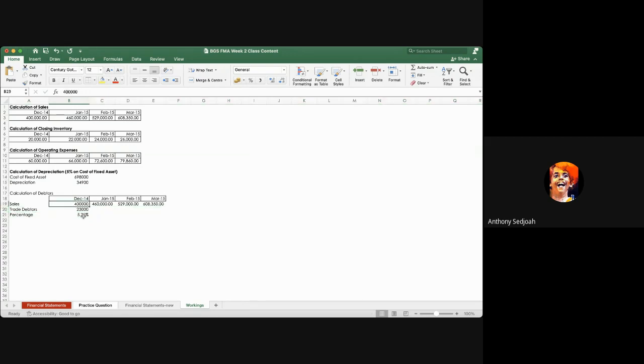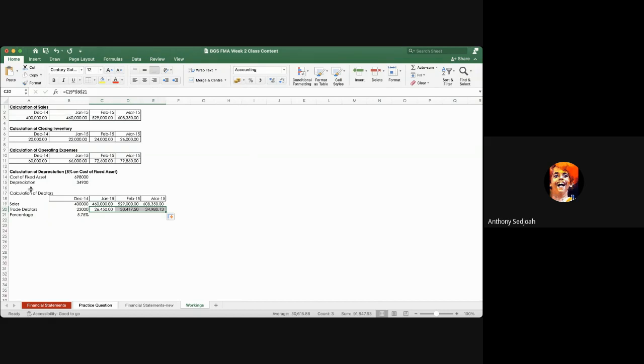So what we can do is that in January 2015, trade debtors will be this times this. Let me lock the cell referencing for the percentage, which is B21, so dollar sign here, dollar sign here.